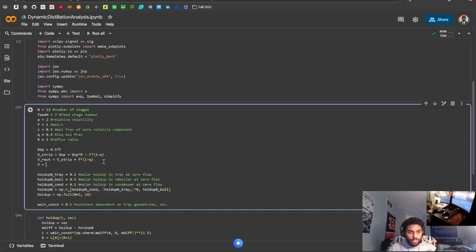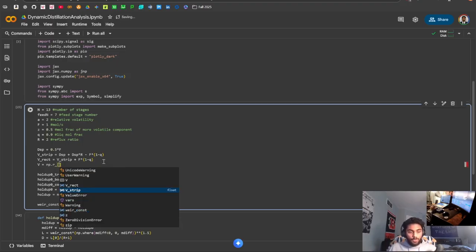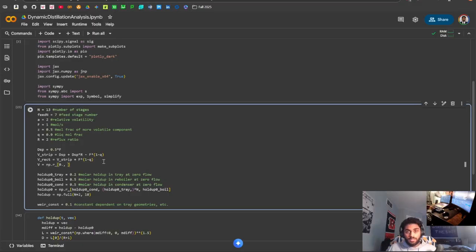And what I want to do here is now concatenate my array. So I'm going to use the concatenate function. So the first thing is the condenser. There is no vapor flow leaving our condenser, so we're going to set that equal to 0. Then each of the 7 trays that is above our feed tray is going to be set to our vapor flow rate in the rectifying section, so v_rect, and then times n feed, or feed n, got that backwards.